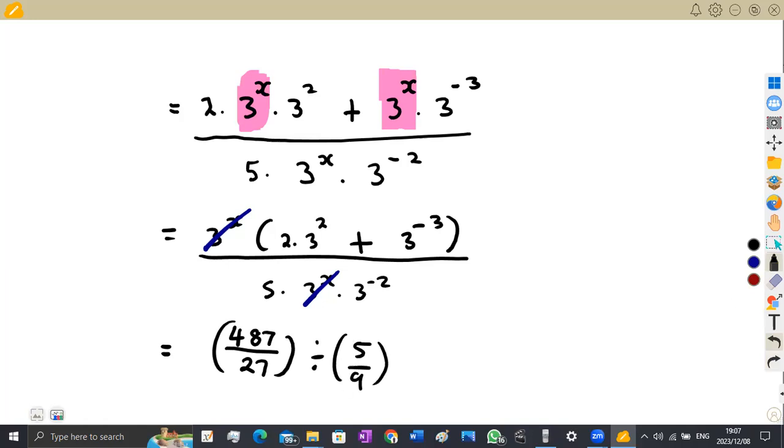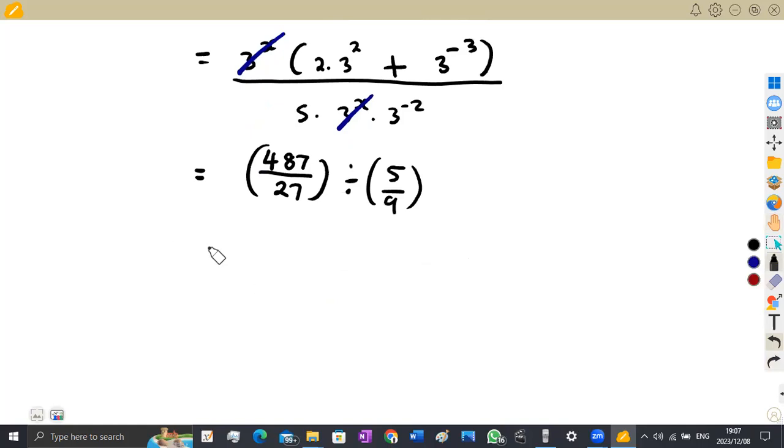So remember that in your simplification, whenever you have a division, you remove that by introducing a multiplication. So this is the same as 487 over 27 being multiplied. The moment you introduce the multiplication, you interchange the second fraction.